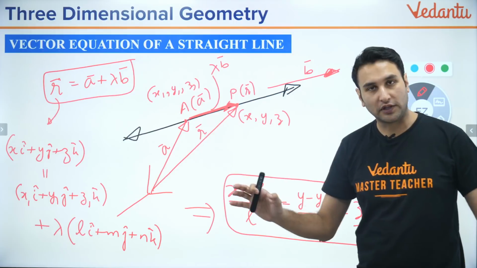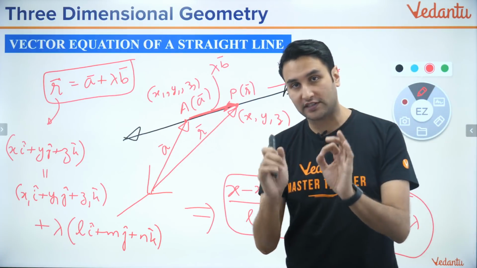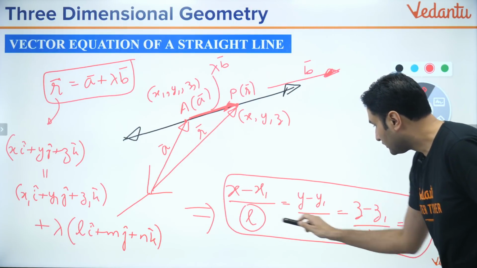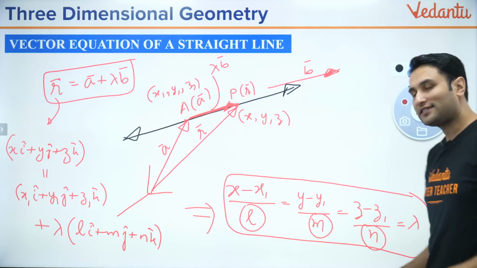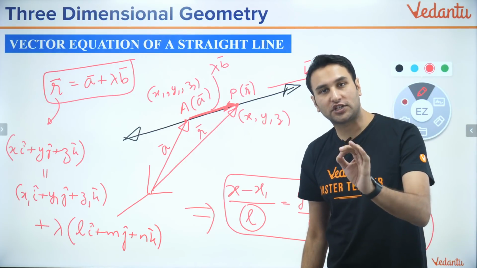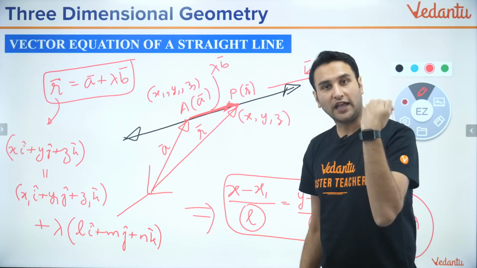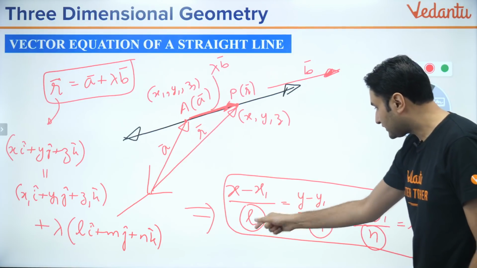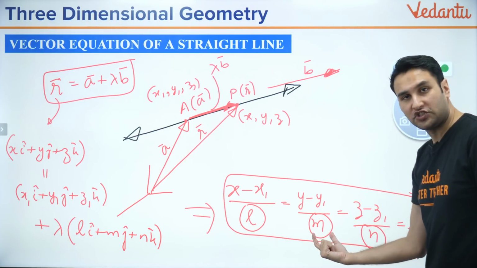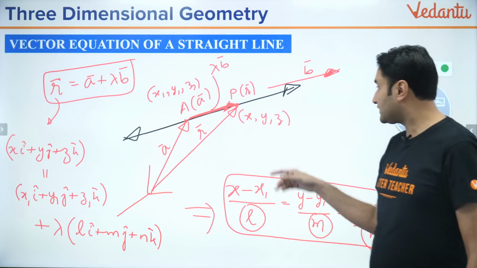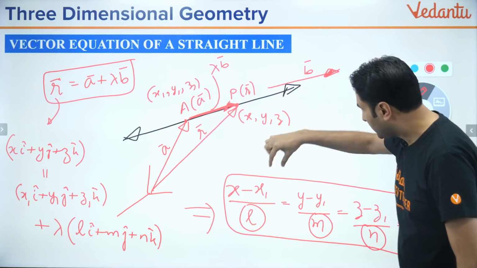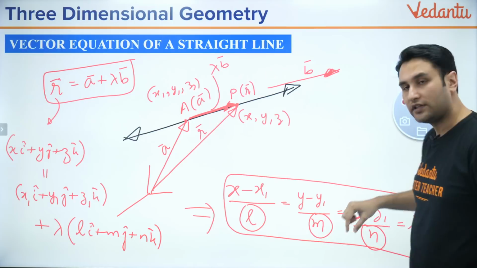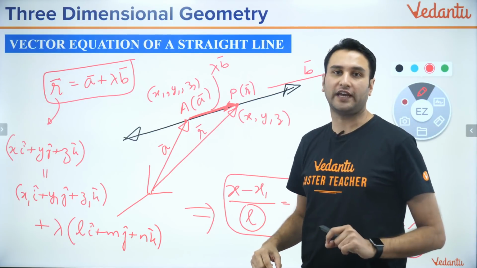So both are simple, but important thing बच्चों फिर से ध्यान रखना, what is this? What is this? This in general represents the direction of the line. So denominators, this l, this m and this n represent the direction of the line. x1, y1, z1 represents the point through which the line passes.